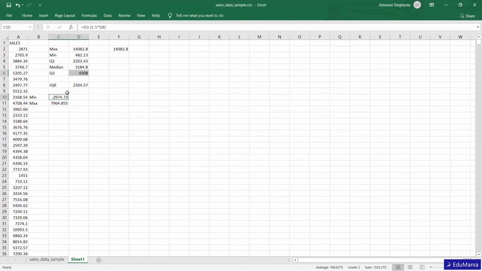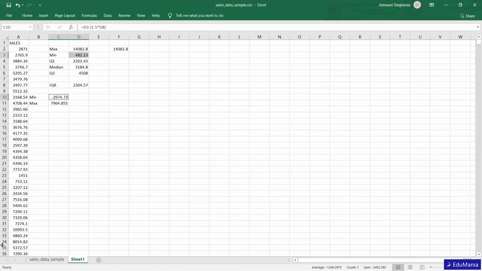Whichever of these two is the maximum will be the lower boundary of the box and whisker plot. Here we can see this is negative and this is 482, which is positive. So obviously this is the higher value, so this will be the lower boundary of the plot.